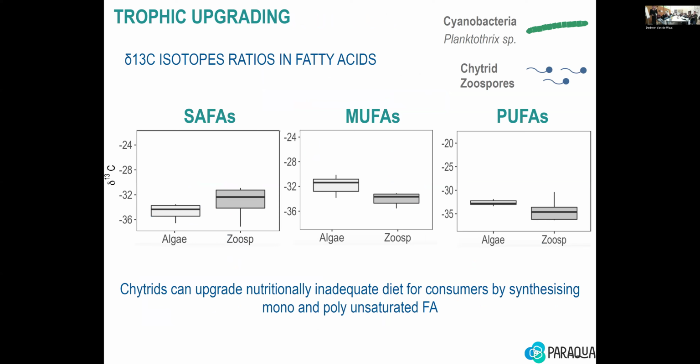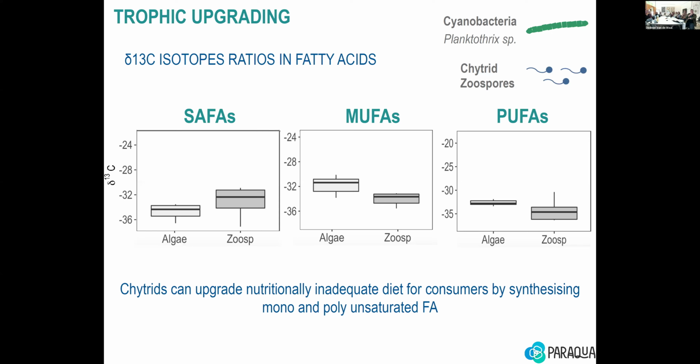So this is just an overview of the entire amount of saturated, monounsaturated, and polyunsaturated fatty acids. As we can see here, for example, zoospores get the saturated fatty acids from the algae, and so this means they are accumulated.